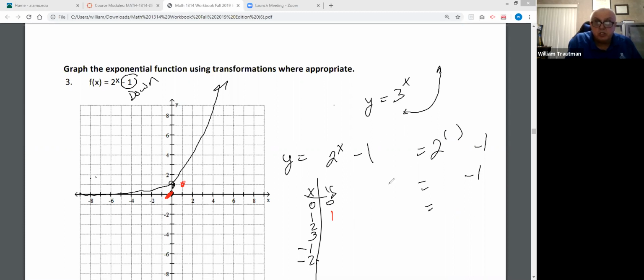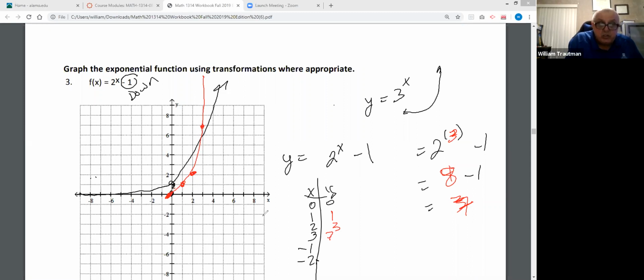If I put 2 into the function, 2 to the second power is 4. 4 minus 1 is 3. So at 2, I get 3. And then I'm going to put 3 in here. 2 to the third is 8. 8 minus 1 is 7. So at 3, I go up to 7 right here. So there's my graph, exponential. I don't think I drew the black one quite right, but that's okay.